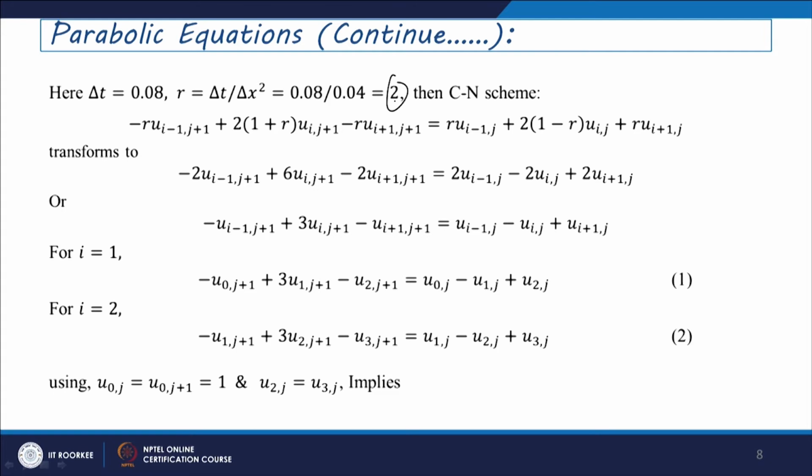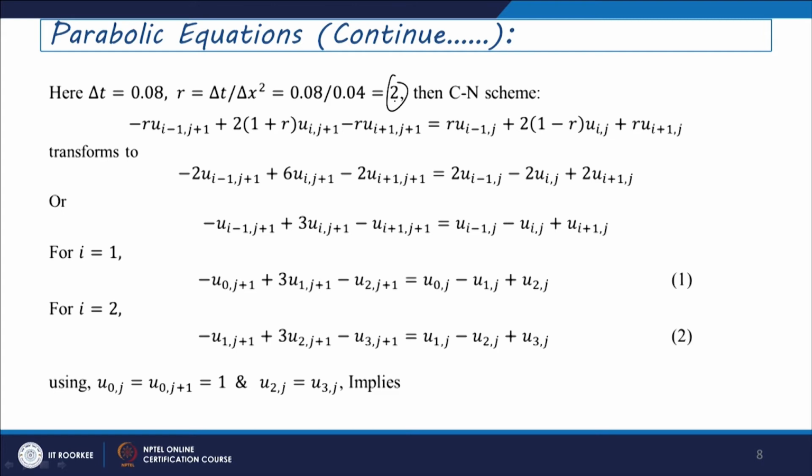This scheme can be written as minus r u i minus 1 j plus 1, plus 2 into 1 plus r u i j plus 1, minus r u i plus 1 j plus 1, equals r u i minus 1 j plus 2 into 1 minus r u i j plus r u i plus 1 j.